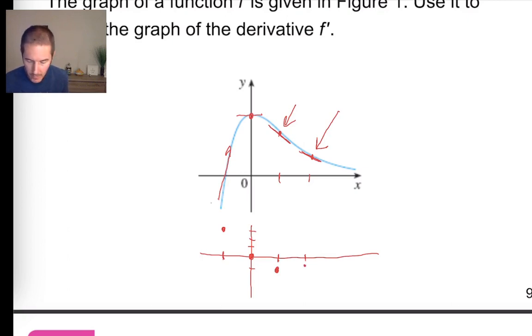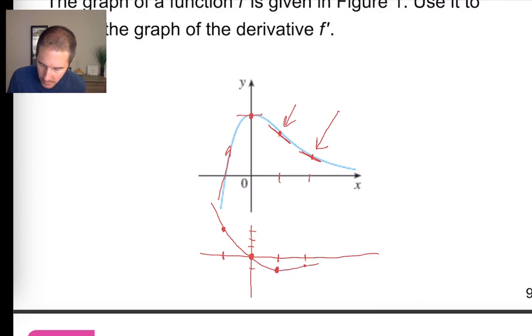So maybe the graph of f prime looks something like this. Well, except for the last part of that. It looks like the slope of our graph as it goes off to the right is going to remain negative, but less and less negative.